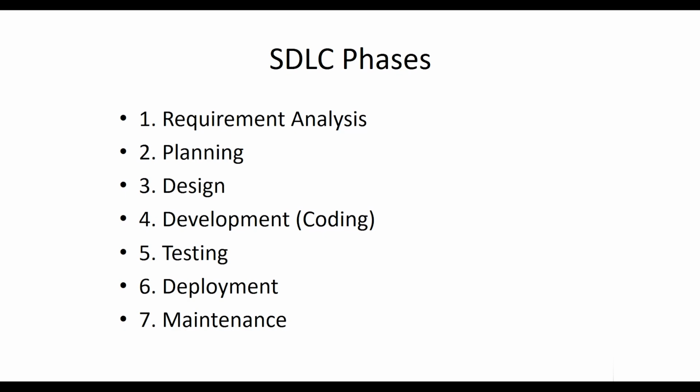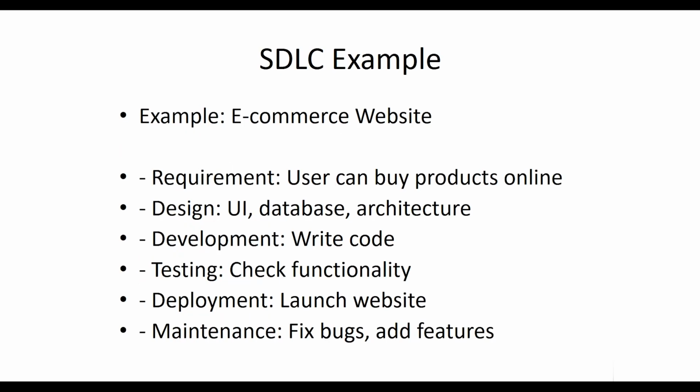How will the software look and work? In the development cycle, writing the code. In testing phase, checking if everything works correctly. In deployment phase, giving the software to users. And maintenance. In maintenance phase, fixing issues and improving software.